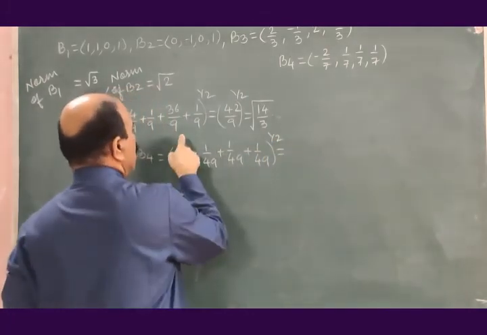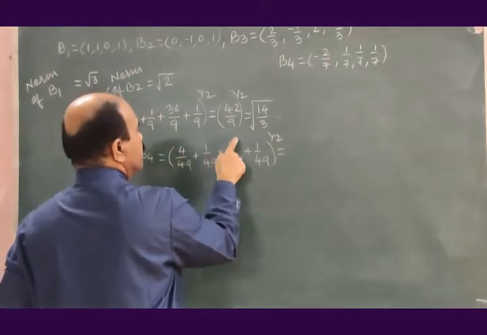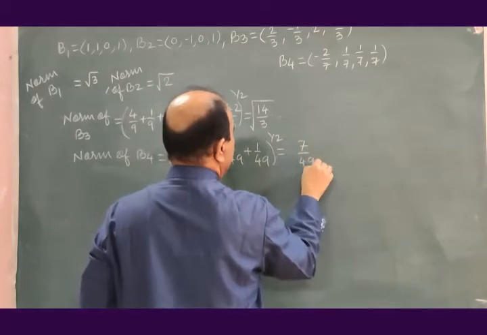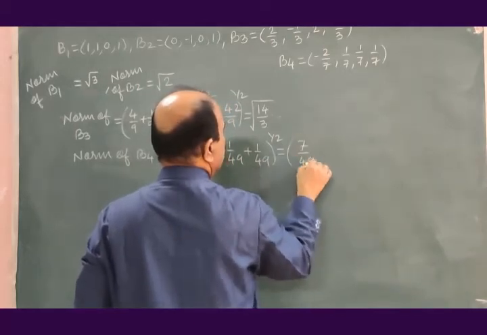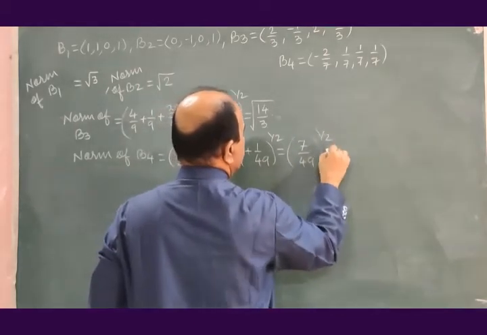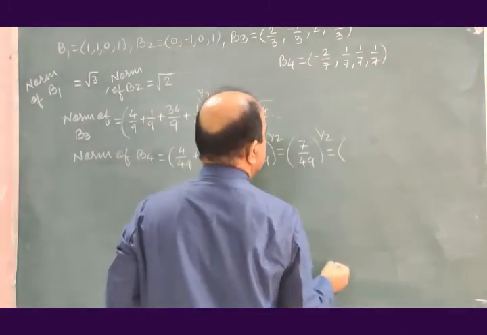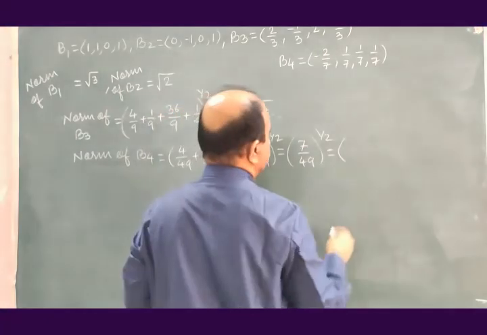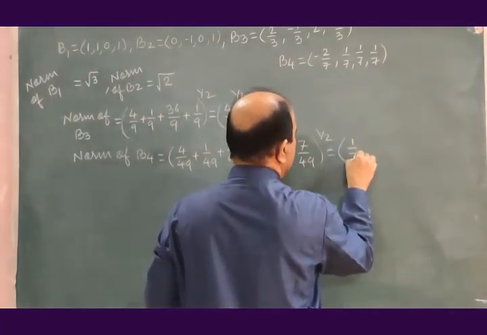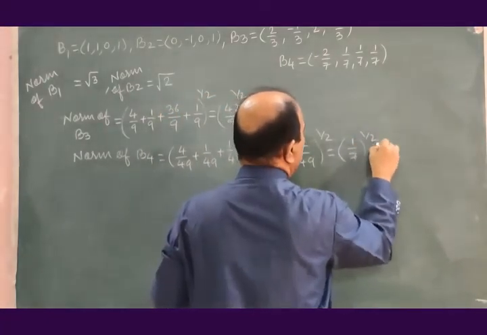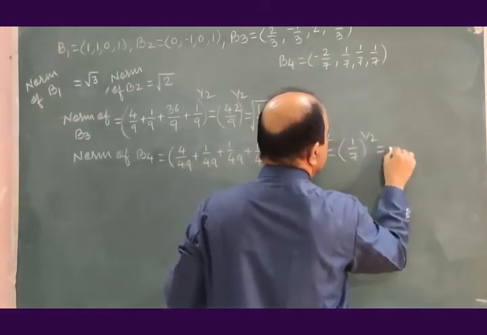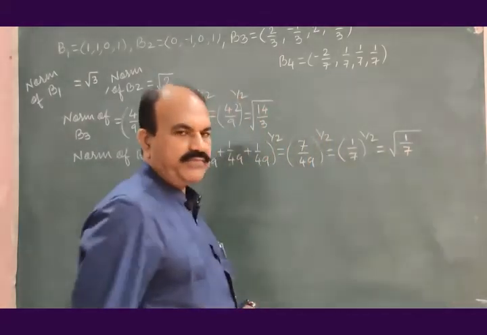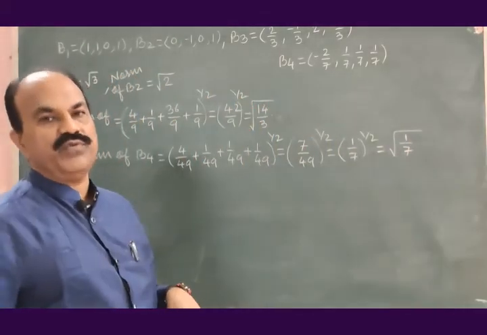This is equal to 4 plus 1 plus 1 plus 1, that is 7 divided by 49 inside the square root, that is simply 1 by 7 to the power 1 by 2, or simply the square root of 1 divided by 7. This is the norm of B4.